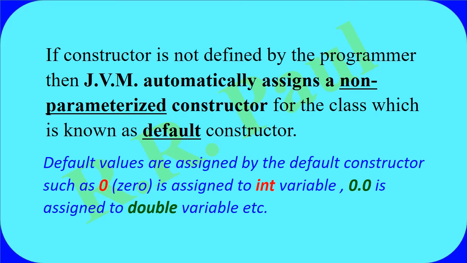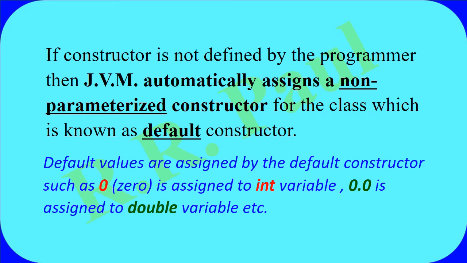Every Java program that you write makes use of a constructor, always. So, if we do not define a constructor, then Java does it on its own. And that constructor is termed as a default constructor.